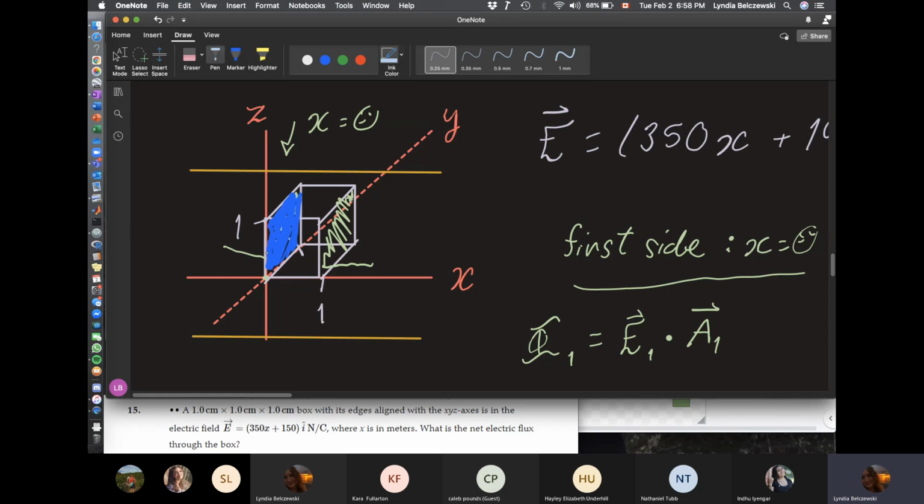So the first side that we're looking at is sitting on the y-axis. It's the blue one. So this blue side is sitting on the y-axis, and so it has an x value of 0 there. This side of the cube would be in the ZY plane, if that helps.